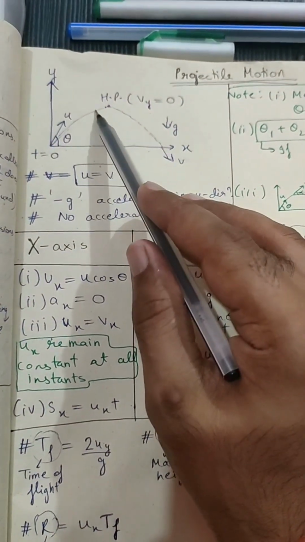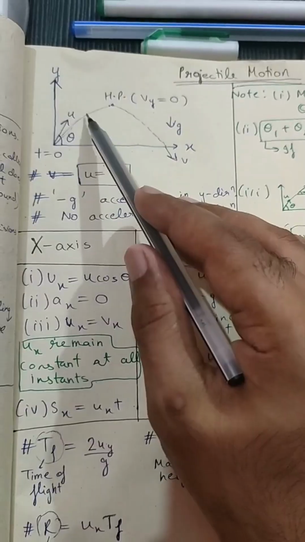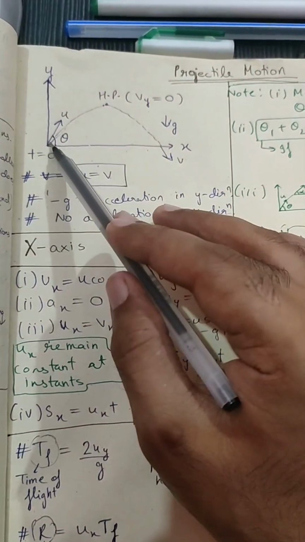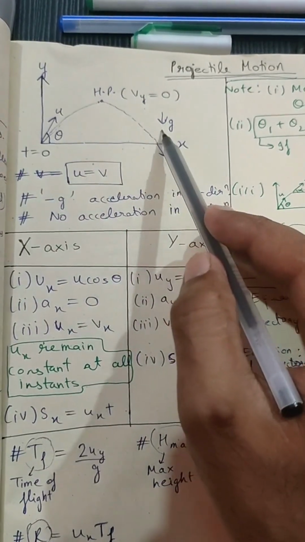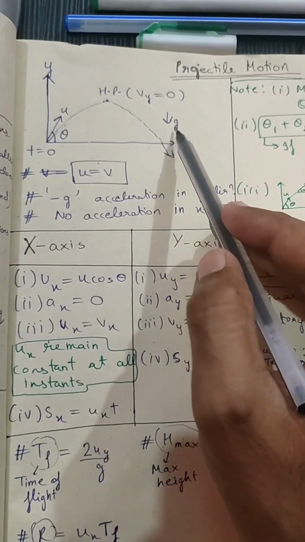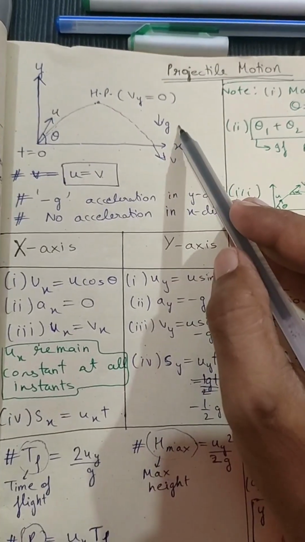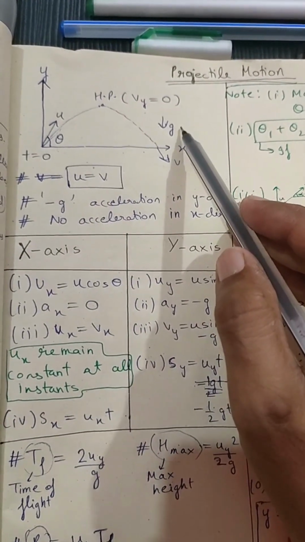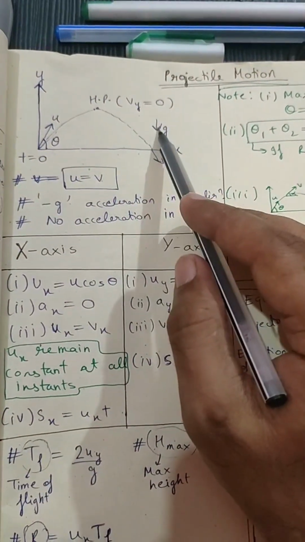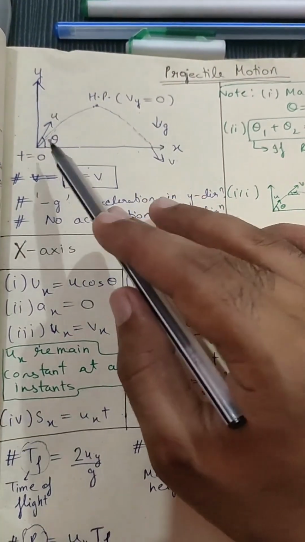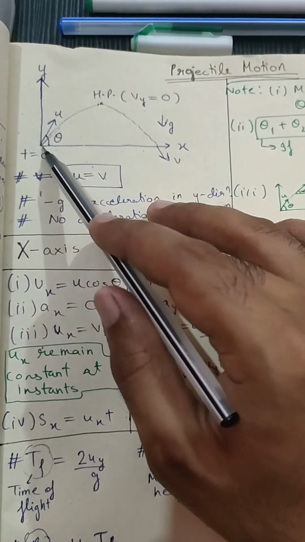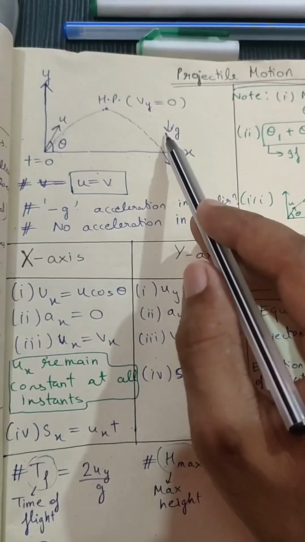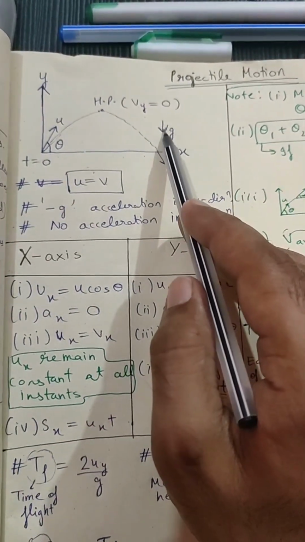So why does the ball travel in this direction, going up and then coming down? This is because when we throw the ball, there is a constant deceleration of g, 9.8 meter per second square, which is also known as acceleration due to gravity. Due to this g, the y component, the vertical component of velocity, is always decreasing due to deceleration in the y direction.